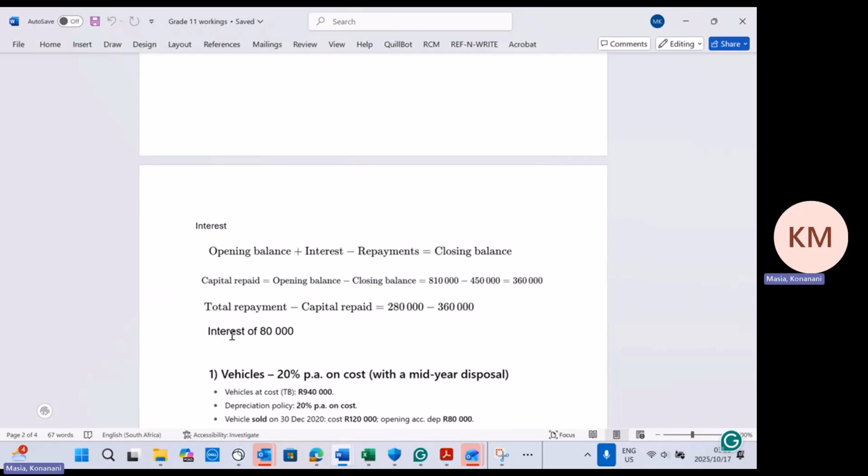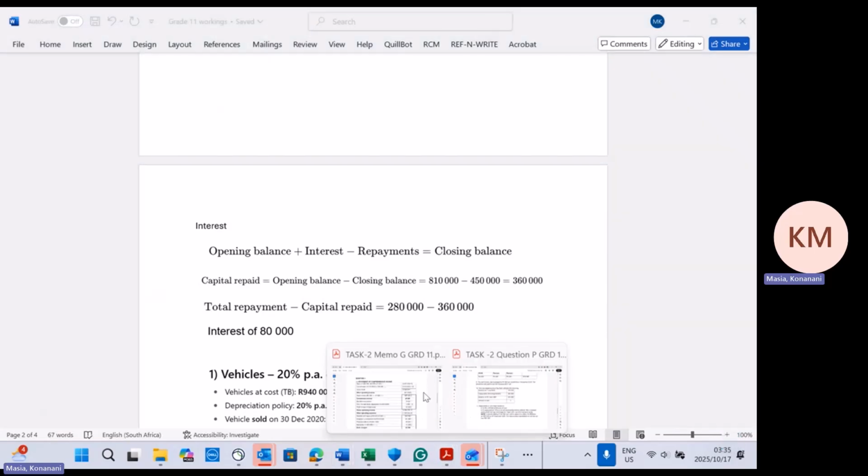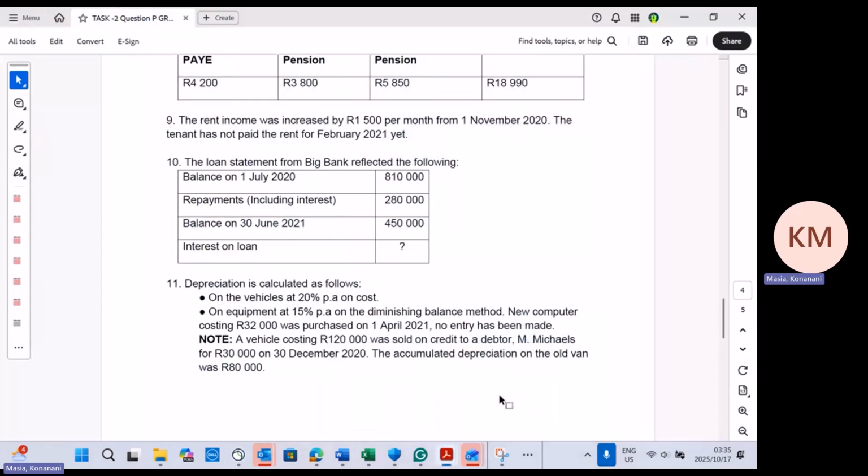Now, with regards to depreciation, I'm also provided enough information to determine depreciation. If you go to the task itself, you have been told that the vehicle is calculated at 20% per annum on cost, while the equipment is using diminishing balance. Then you need to understand the difference between diminishing balance and straight line.